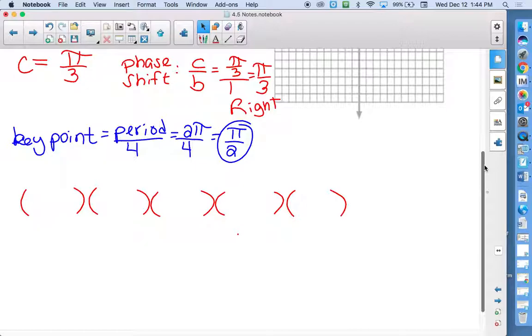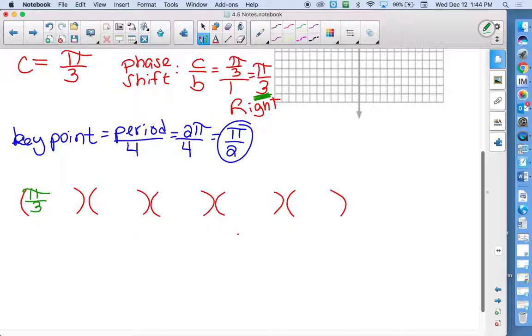Michael, pi over 3. Why is it pi over 3, Michael? Because you can shift right. Right, we're shifting right. So this number right here, that phase shift, is where the graph shifts to begin. No longer is it starting at 0 because we're shifting. When it was x minus 3, that graph starts at 3 because it shifted away from 0. So we're shifting to the value of pi over 3, and that's where the graph begins. That's our first x value.